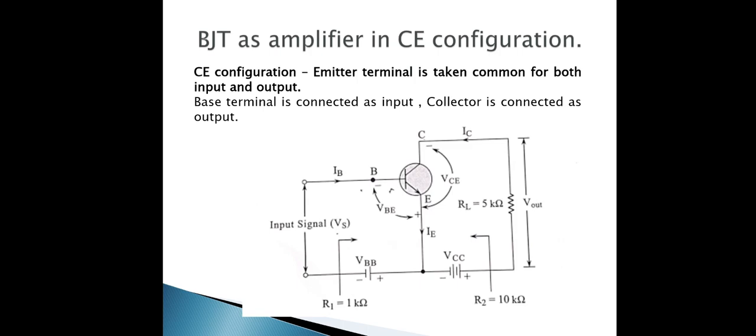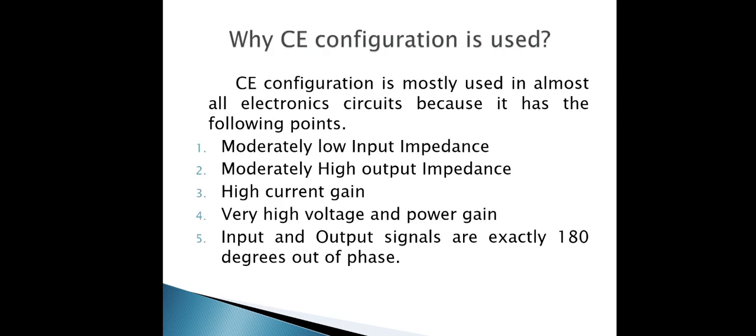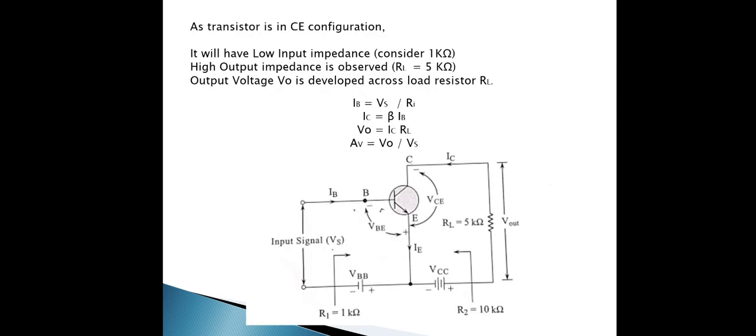So this transistor action can be explained by taking some simple terms. If you want to observe whether the transistor is acting like an amplifier or not, simply consider a load resistor RL of 5 kilo ohms connected at the output.